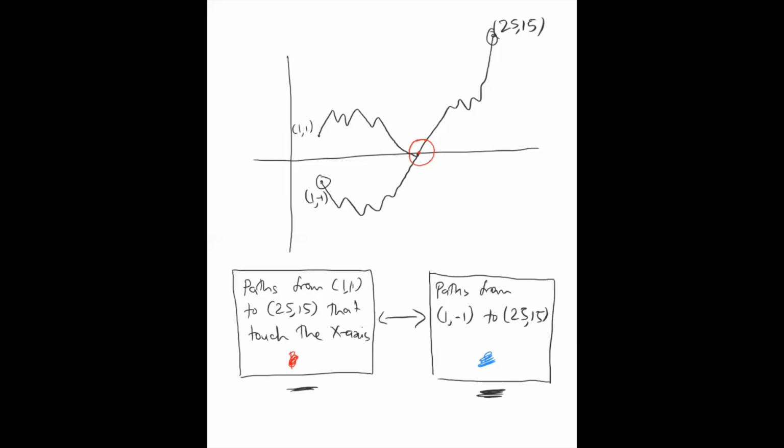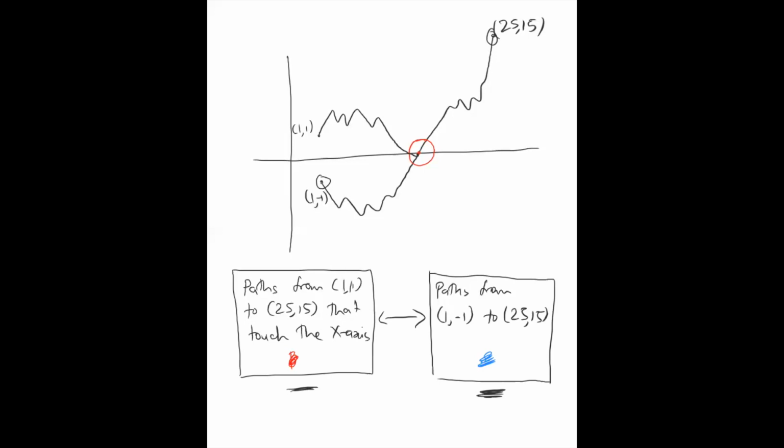And our original problem was to find the number of paths that satisfied certain properties. So instead of counting things in the red box, we could just as well count things in the blue box. And the reason that is much easier is because we know how to do this as well. It is the same logic as counting paths from 0 comma 0 to 20 comma 10 that we did previously.